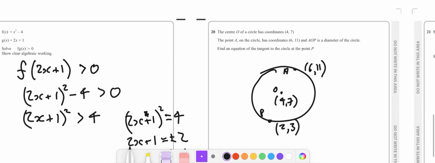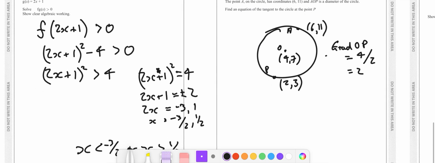And we want the equation of the tangent. So we can do the gradient of OP equals the rise, which is 4, over the run, which is 2. So the gradient is 2.